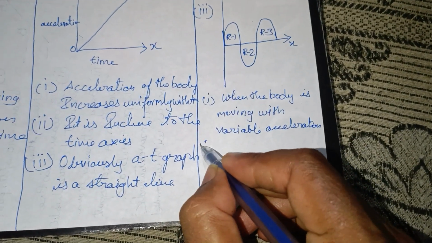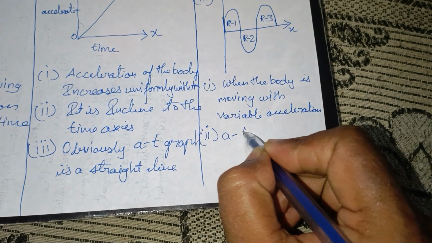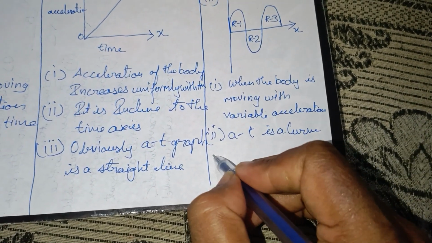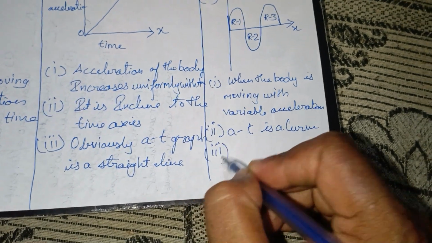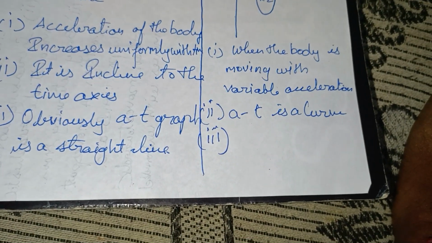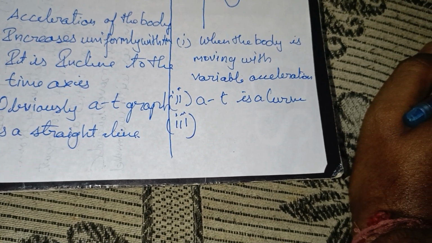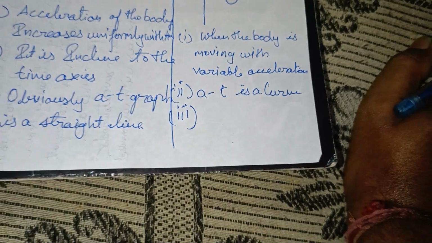Obviously, it is quite normal that the acceleration time graph is a curve. The next point we can represent here is that the area between the AT graph and the time axis gives the change in the velocity.